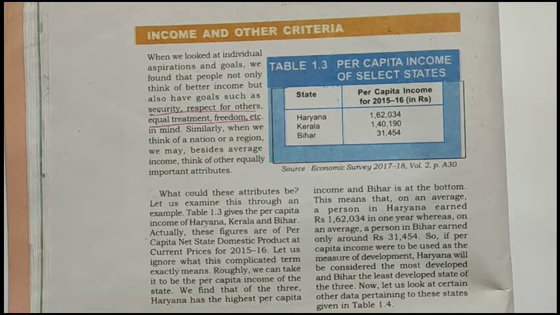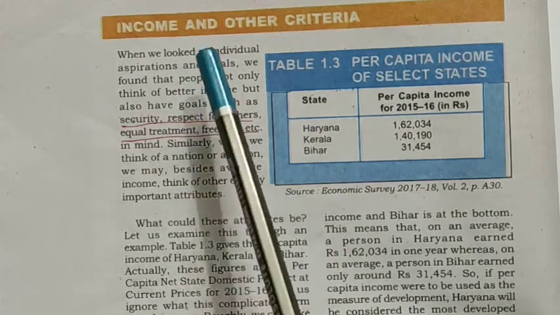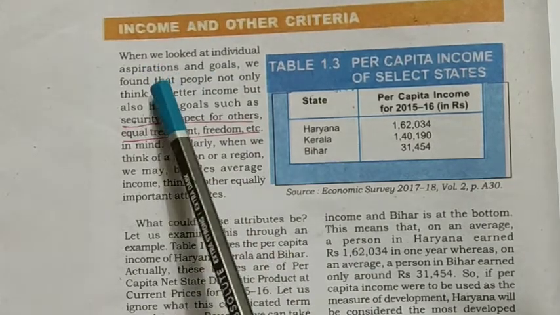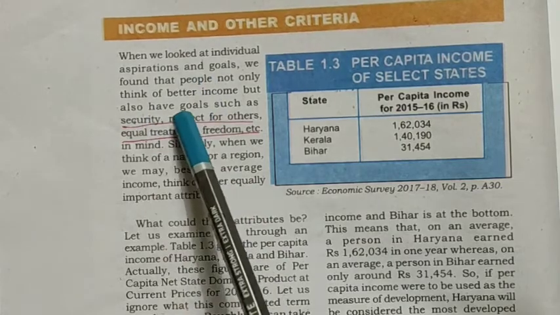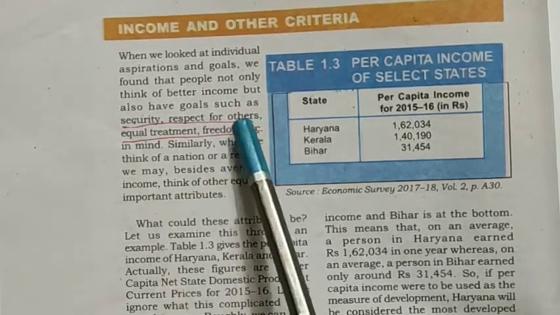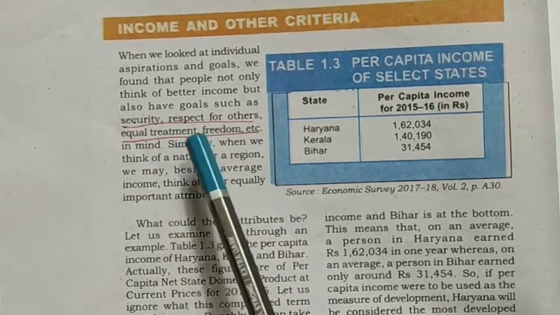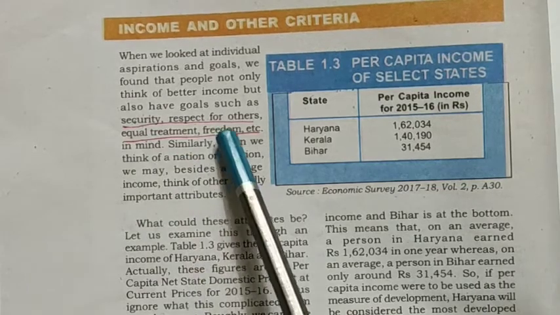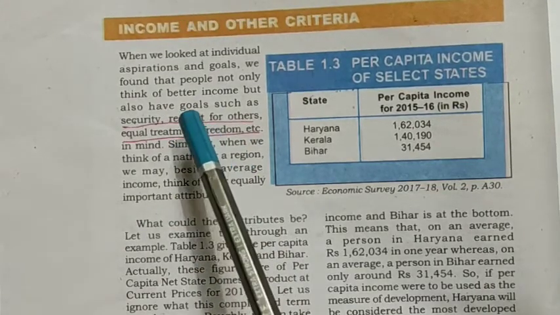Moving on to the next topic, we will learn about income and other criteria. When we look at individual aspirations and goals, we find that people not only think of better income but also have goals such as security, respect for others, equal treatment, freedom, etc. in mind. In the previous class, we already learned that besides income, people have several other goals.